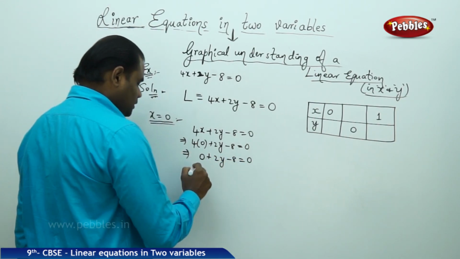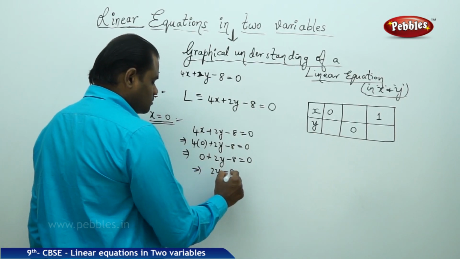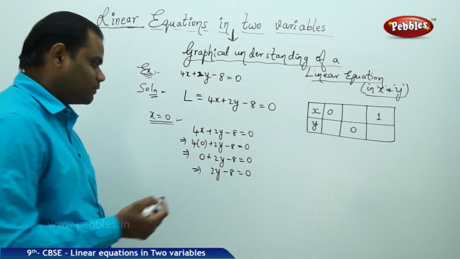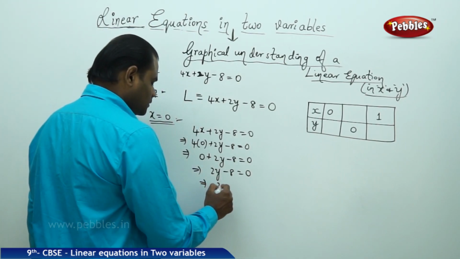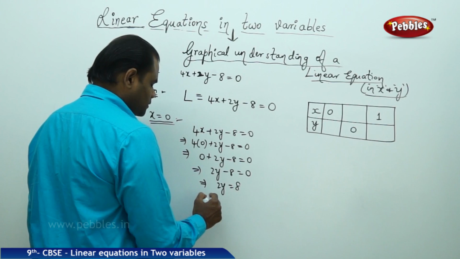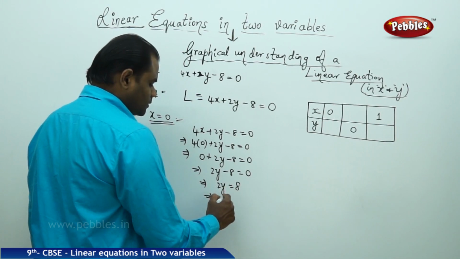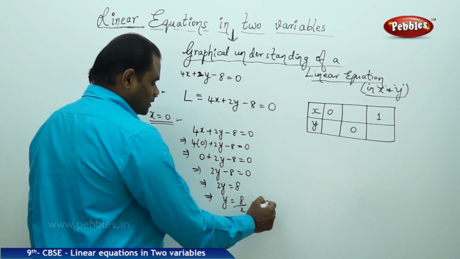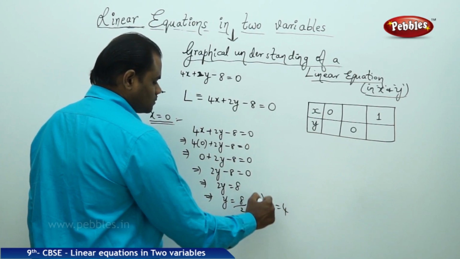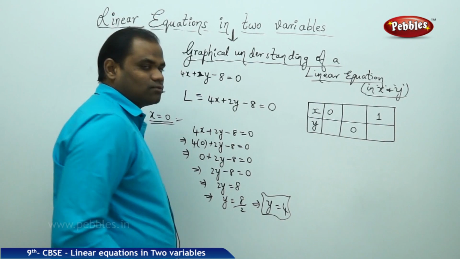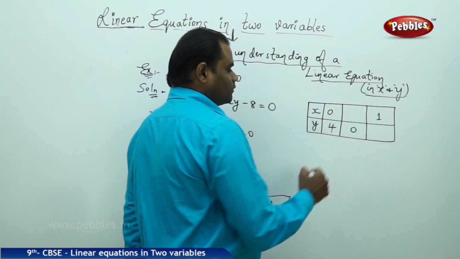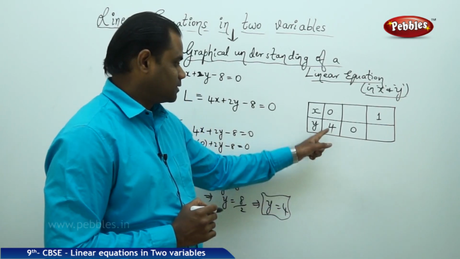Therefore, this simplifies to 2y minus 8 equal to 0, which gives 2y equal to 8. That implies y is 8 by 2, that implies y is 4.